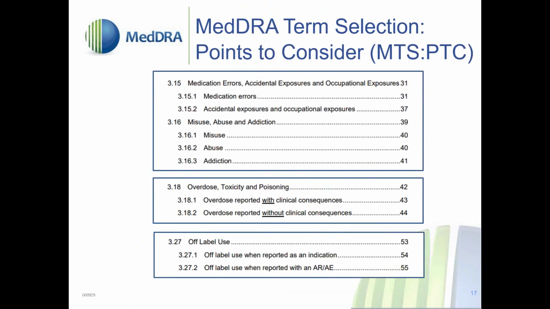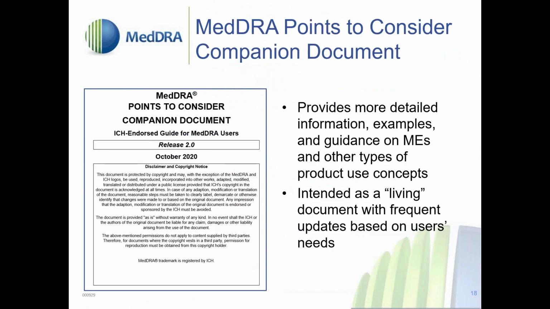If you look into the table of contents, you will see that the guidance for medication errors and other product use issues like misuse, abuse, addiction, plus off-label use is quite short. And this is different with an additional ICH guidance document, the so-called PTC companion document, points to consider companion document, that provides more detailed information, more examples, and guidance on medication errors and other types of product use concepts.